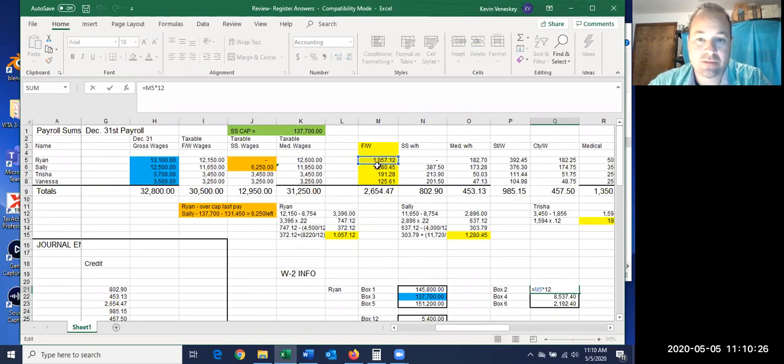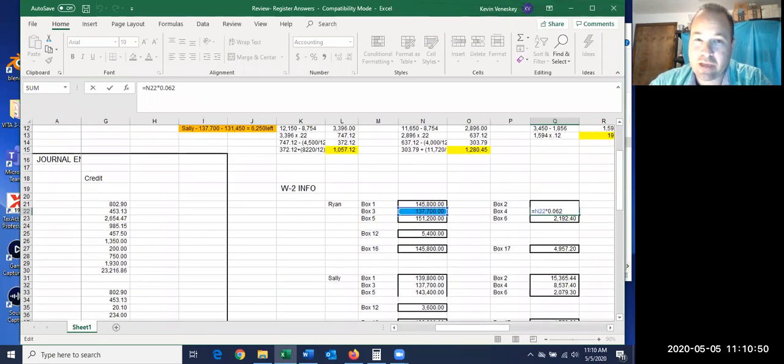Federal withholdings, simply taking how much we had withheld times 12. For box 4, it better be this. Easiest way is just to take this times 0.062.